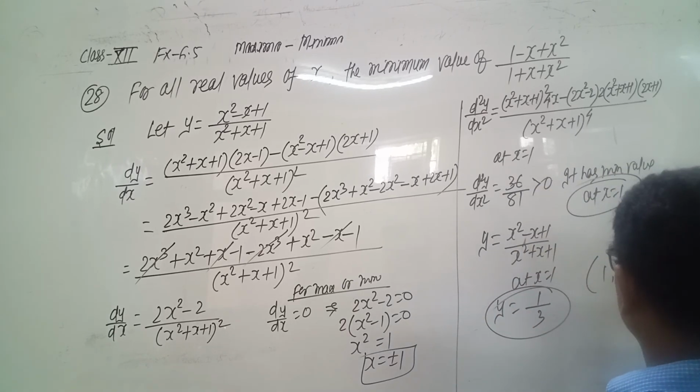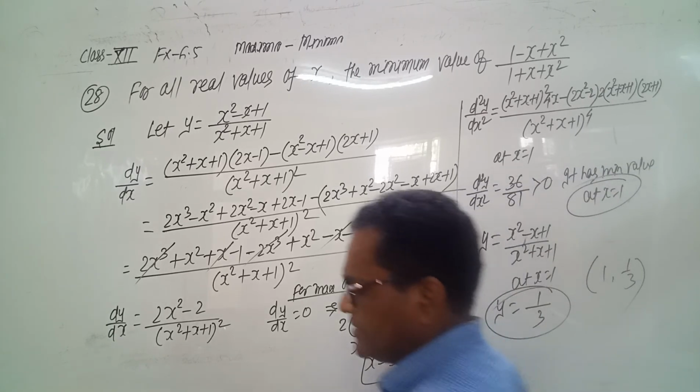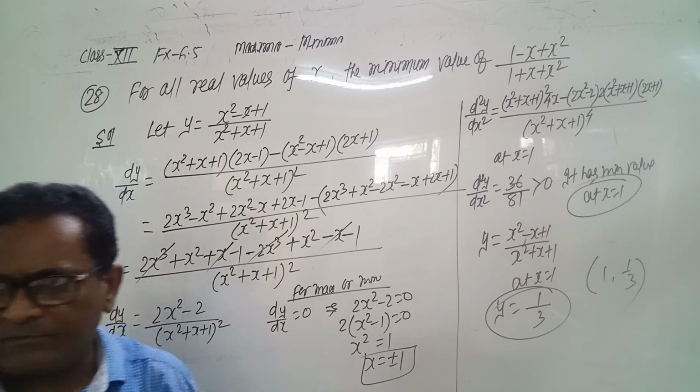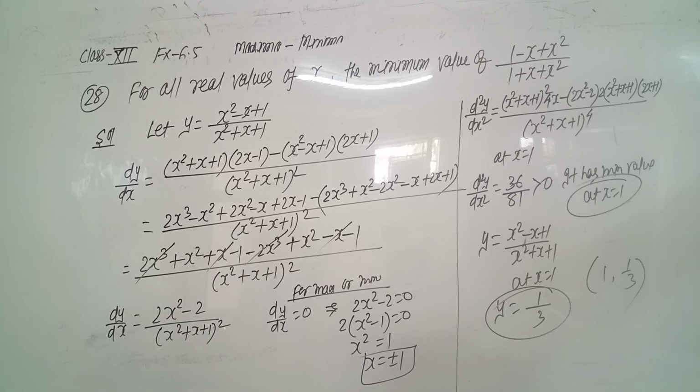So the point is 1 comma 1 by 3. The minimum value we had to find. The minimum value of y we have calculated is 1 by 3.